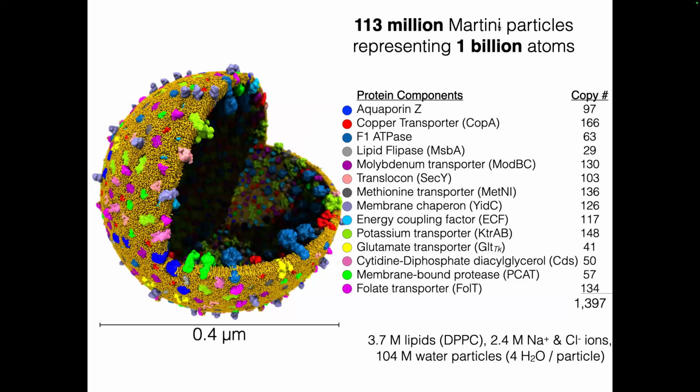Can MD also be used to predict timescales? For example, how long it'll take for a drug to bind. If you run it long enough and if you sample the process enough, yes, because in the molecular world, everything is stochastic, as we say.